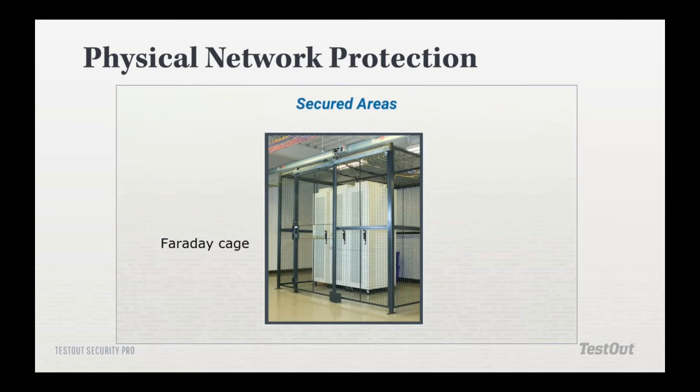All right, so we talked about the Faraday cage. It's designed to block all electromagnetic emissions. These are also used to protect against attackers who collect electronic emissions from electronic devices. This is a form of eavesdropping known as Van Eck phreaking.